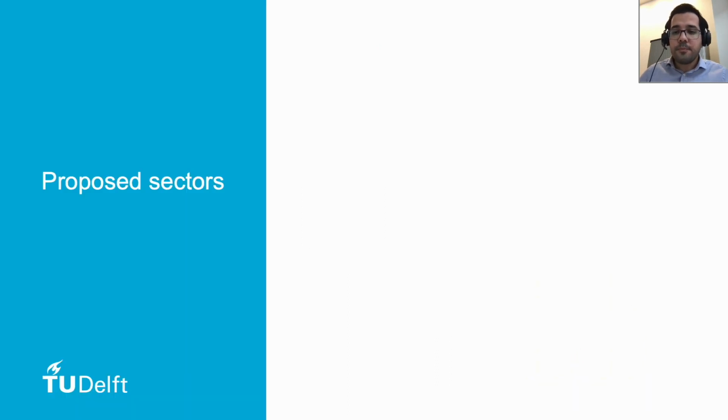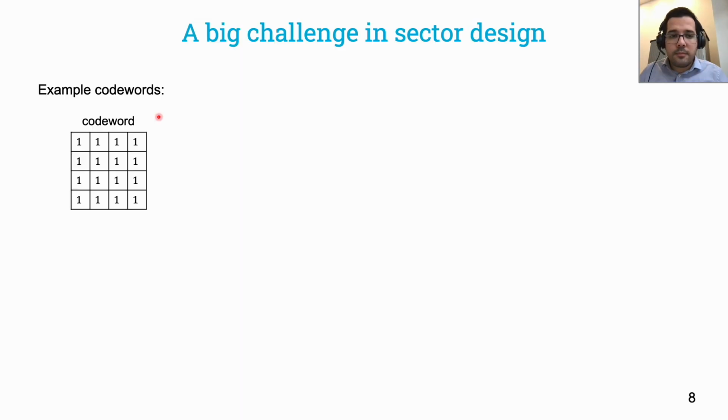So, to understand the sector design challenge, first let's see what is the problem with the common sectors. Here's an example of a binary code word with entries that are all 1s. When the transmitter applies this code word, it means that the same RF signal is sent across all the antenna elements.